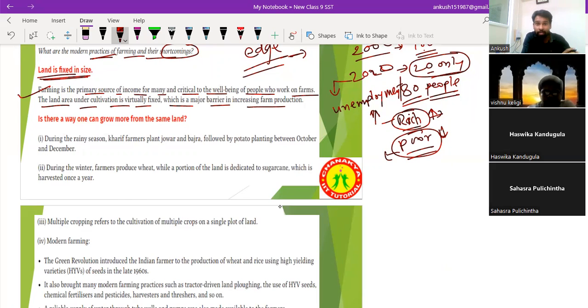And the availability of laborers is more than the 4 people required. Let us say 40 people are available, only 4 people are required on the farm. So 36 laborers are jobless. This is the main barrier that the laborers are facing in this particular village.